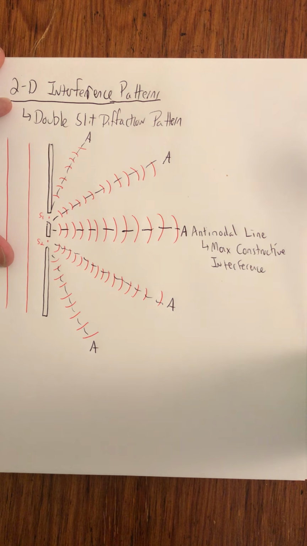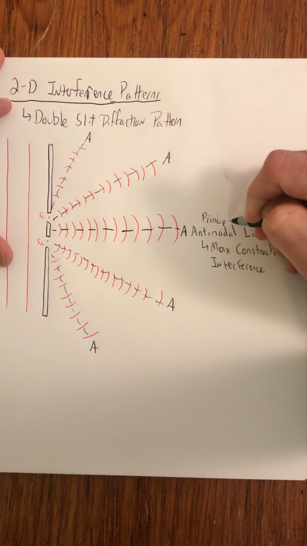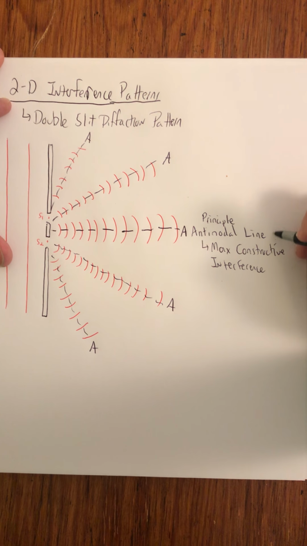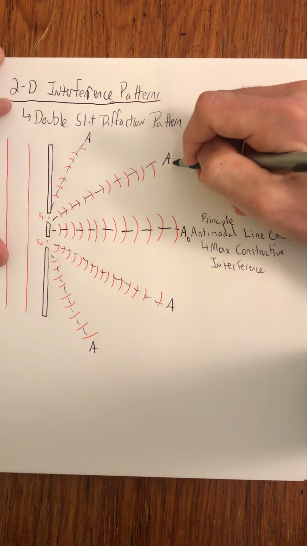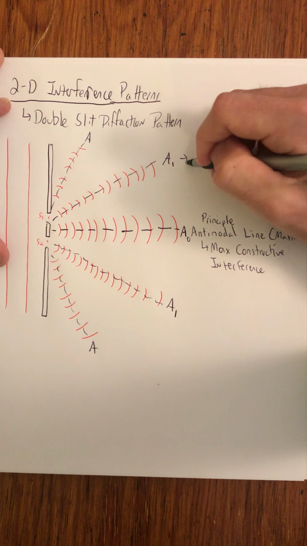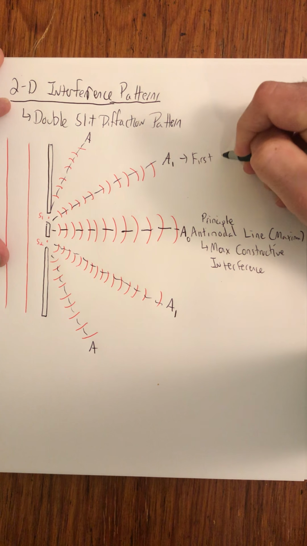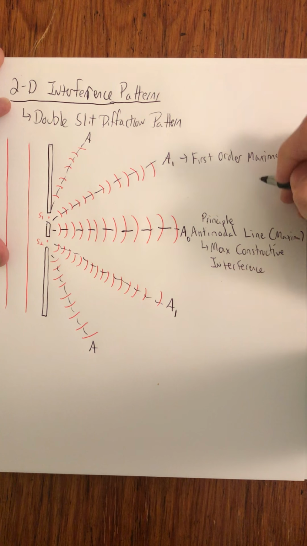Now, just to do some naming here, this is called the principal antinodal line or principal maxima. Okay? Now, the way we denote that is we're going to call it A0. This here, 1 and 1, these are both called the first order maxima or the first order antinodal line.